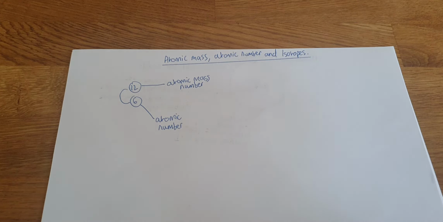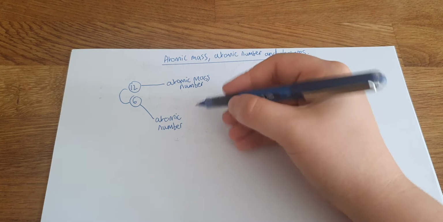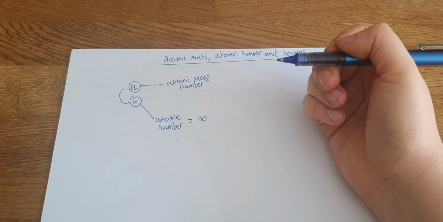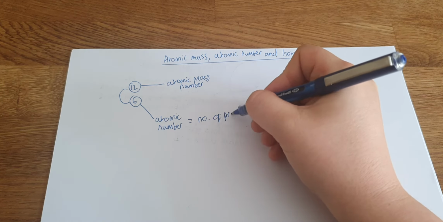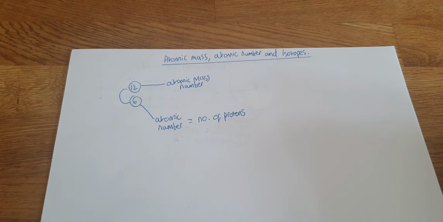Now, what do they actually mean? So the smaller number, i.e. the atomic number, always tells you the number of protons that you would find in the nucleus of that atom. So for carbon, it will always have 6 protons.